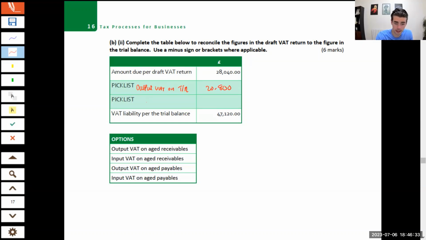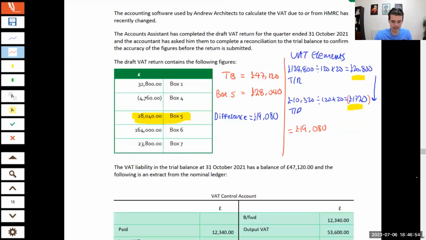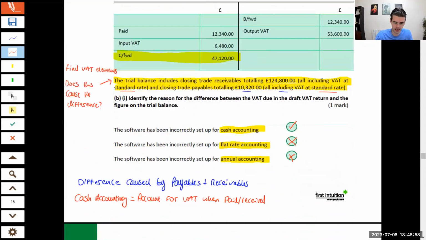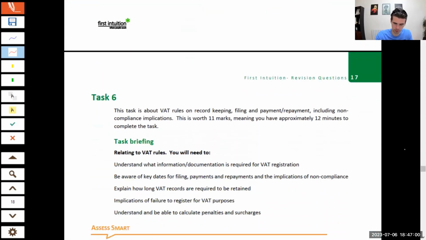We also had the input VAT on the purchases, so the input on trade payables, which was a minus figure, which got us to that amount. And that's it. All we've done there is write it out in a slightly different way. There are a couple of different ways you can get there, but you'll still find you get to the same answer regardless.